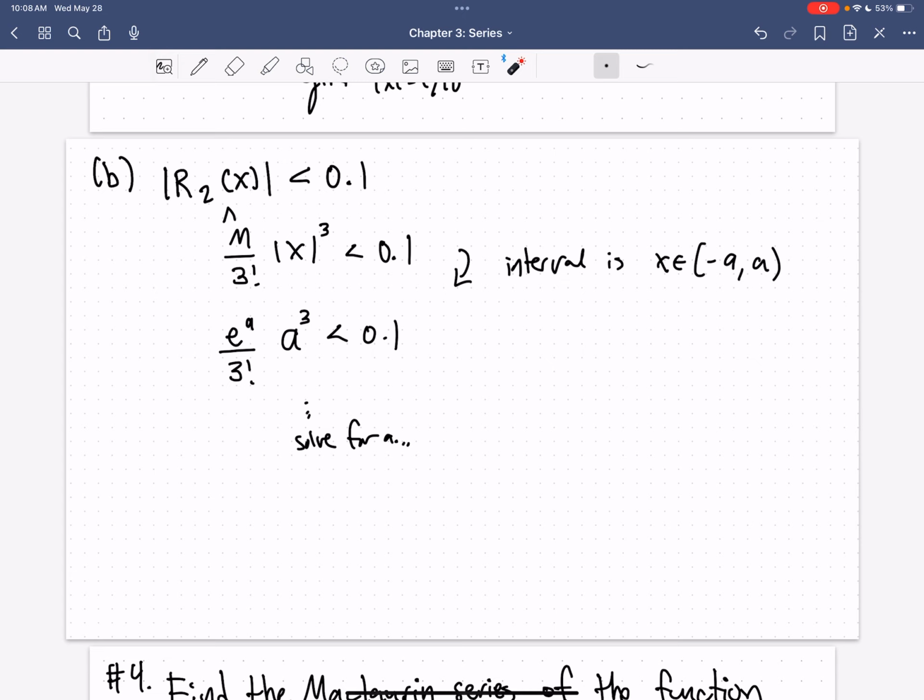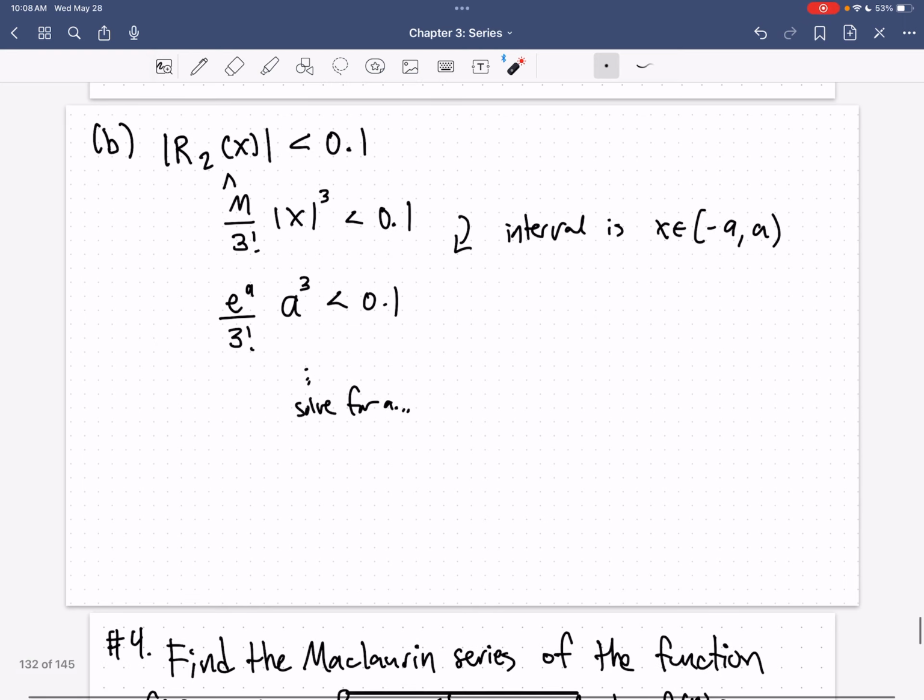So we've got e^a divided by 6 times x cubed. When is that less than 0.1?